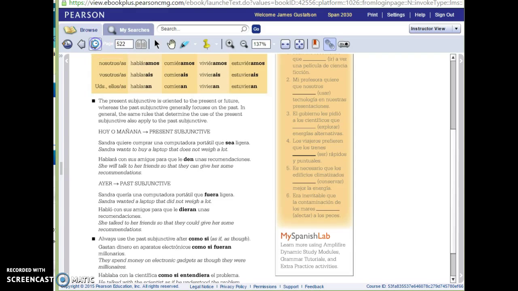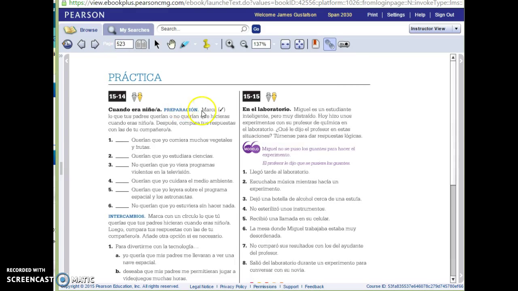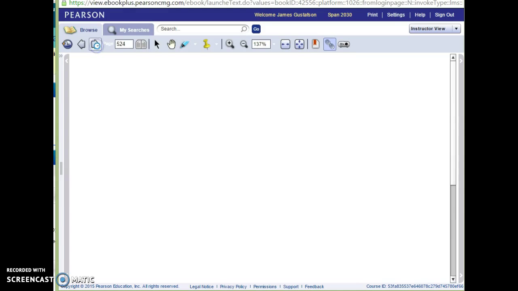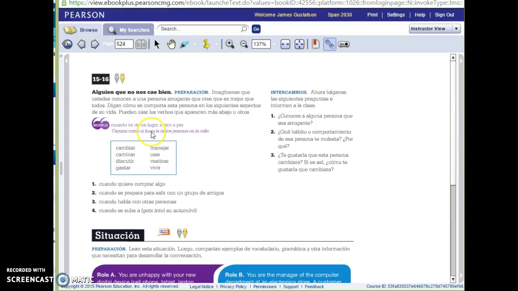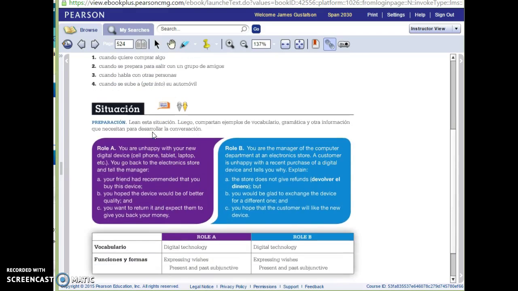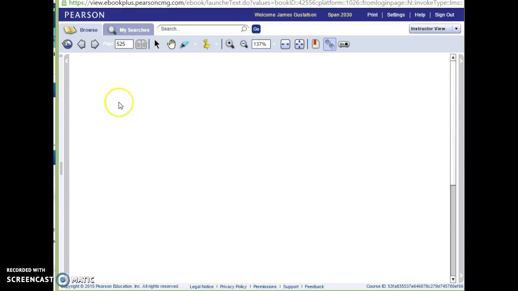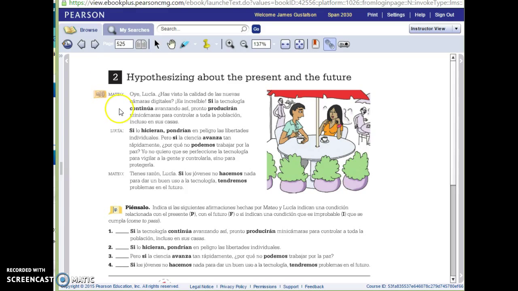And we went over the uses as well of the past subjunctive, which are the same as the uses of the present subjunctive, which we've been using up until now, mostly this semester. So the uses are all the same, it's just that you're describing something in the past versus something in the present. So there's no new concept with the imperfect subjunctive. The only thing new is the forms. Okay? So that was past subjunctive.